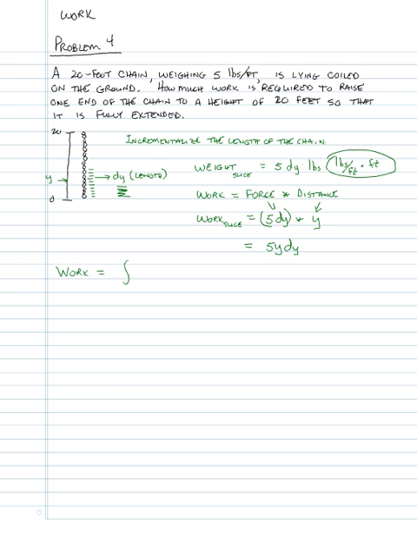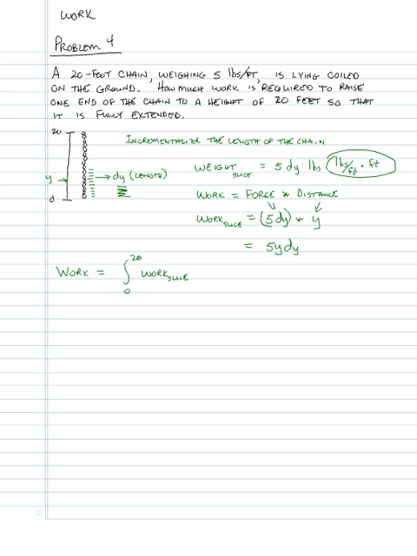We'll integrate, that is, we'll add up all of the pieces of work, if you will. But where's that work starting? Well, the entire length of the chain. We start at one end and go to the other, 0 to 20. It's going to be lifted from 0 to 20.